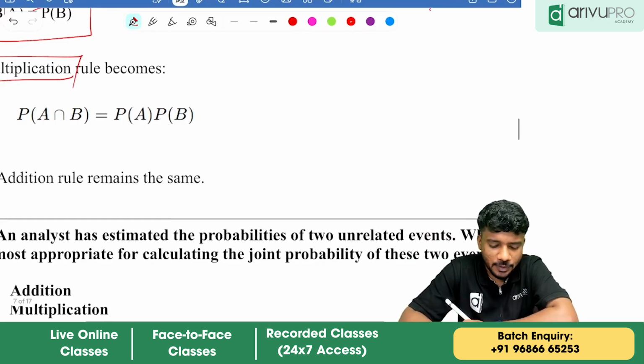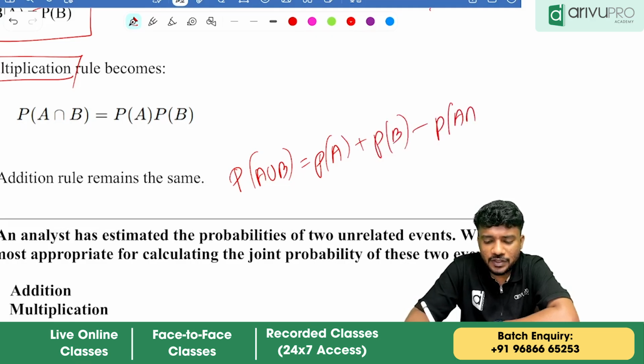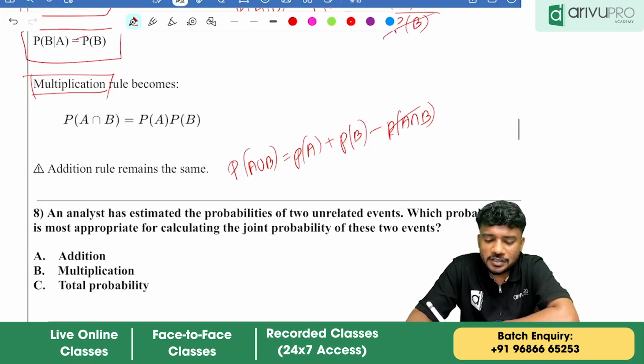P of A union B is equal to P of A plus P of B minus P of A intersection B, but since it is independent, this can be written as P of A into P of B.